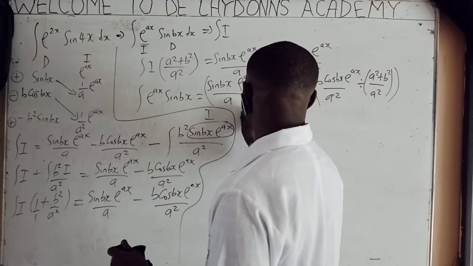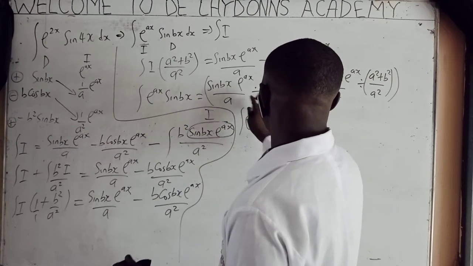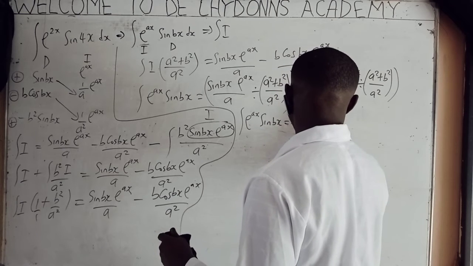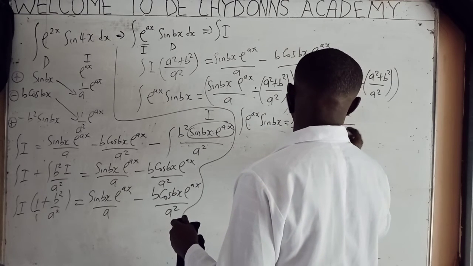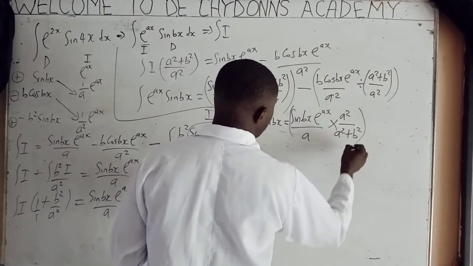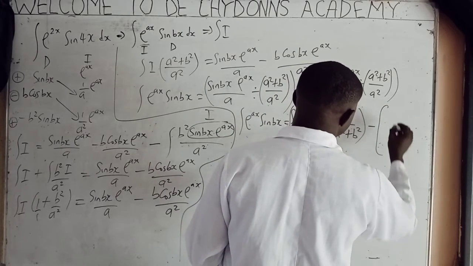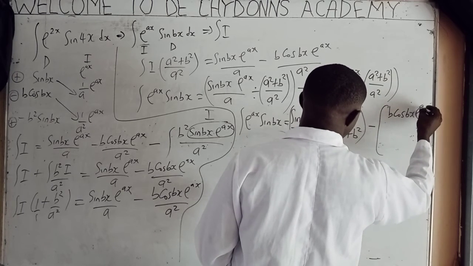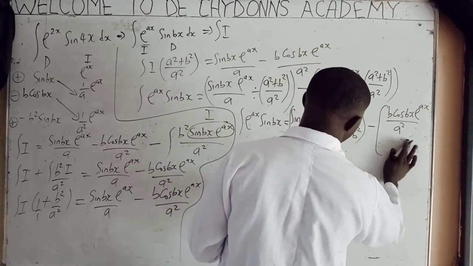Now remember in mathematics, when you change division to what? Multiplication. You invert the next one, a squared all over a squared plus b squared. Then minus b cos bx exponential ax all over a squared times.